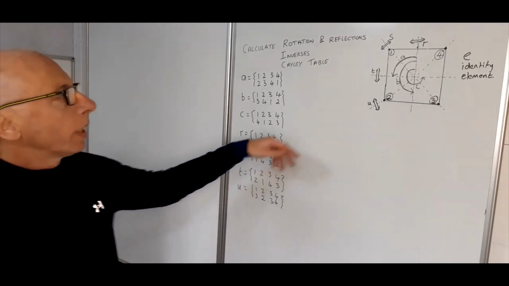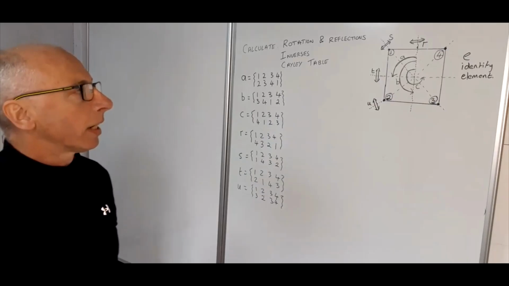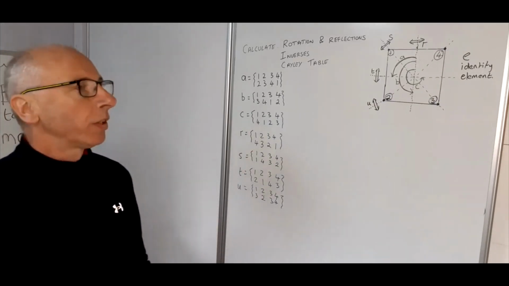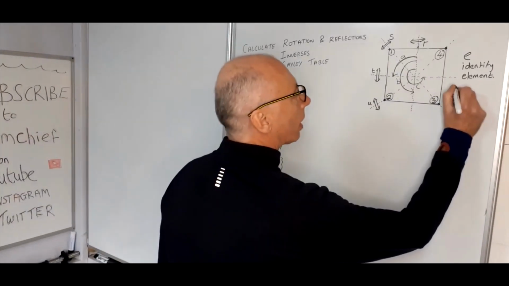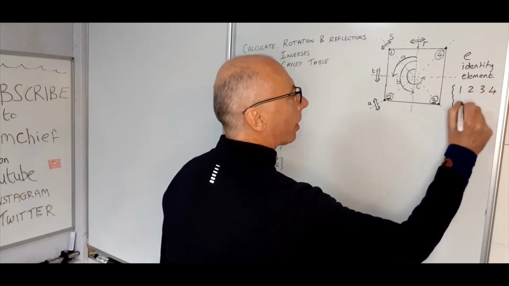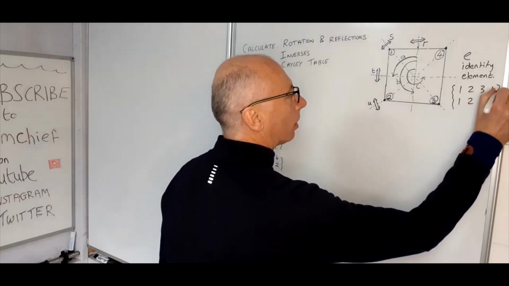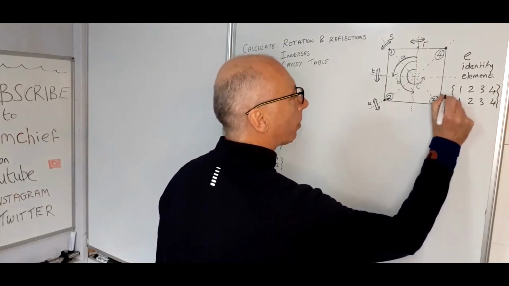We need an even number for this particular shape here. So the identity is always the one, and all the identity tells us is we end up back where we started. So that one would just be a very trivial set.